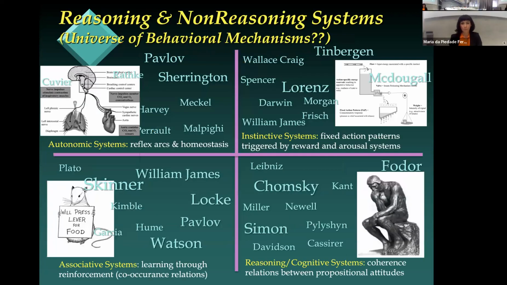Okay, so I want to talk about reasoning and non-reasoning systems. By non-reasoning systems, if we go back over the past 100 years, what we've studied is we've identified autonomic systems, instinctive systems, associative systems, and by reasoning systems, we're talking about the cognitive systems, right?